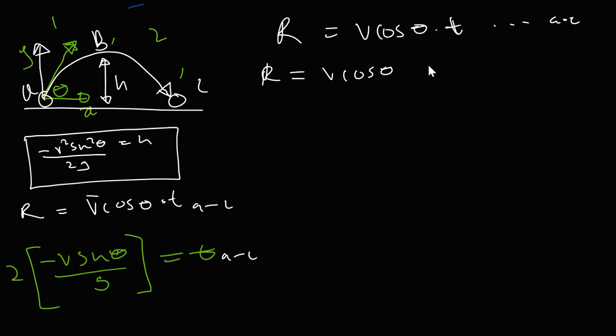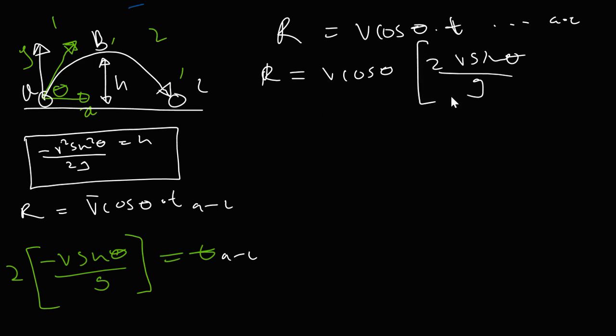That time is 2V sine theta all over G. I'm not putting the negative sign because, if I have negative 9.8, the negative will cancel out.